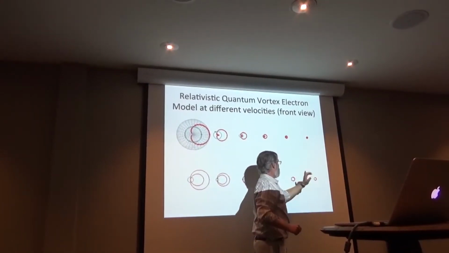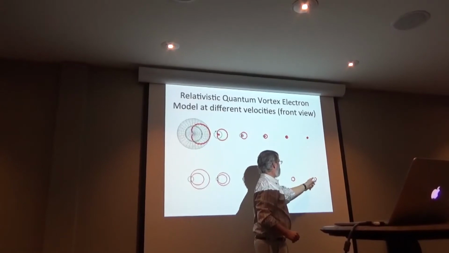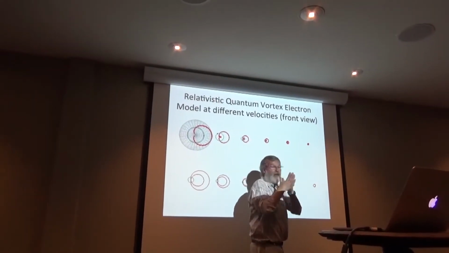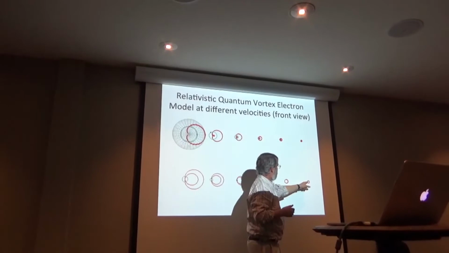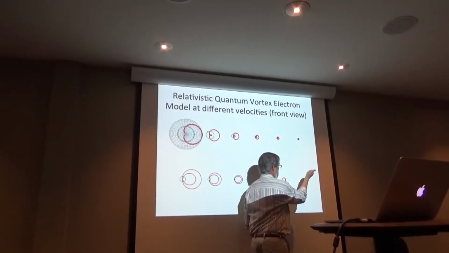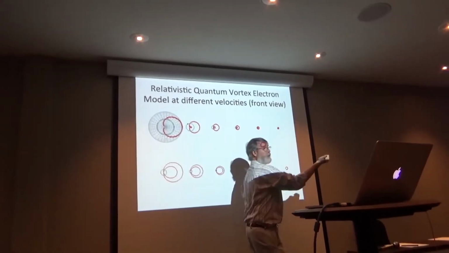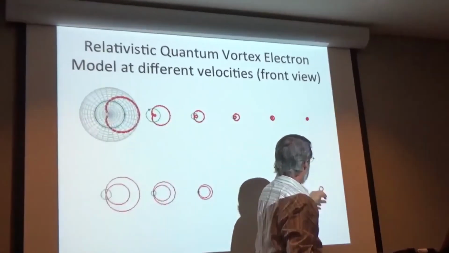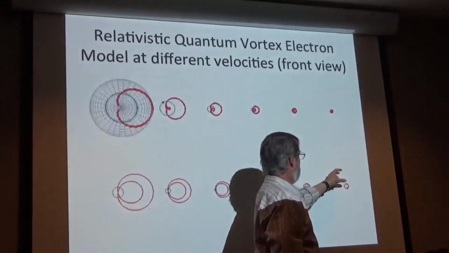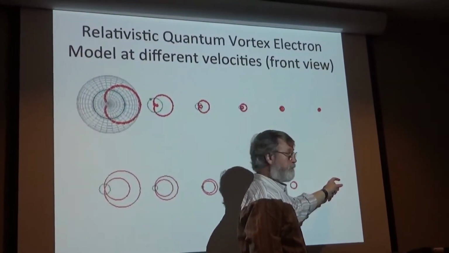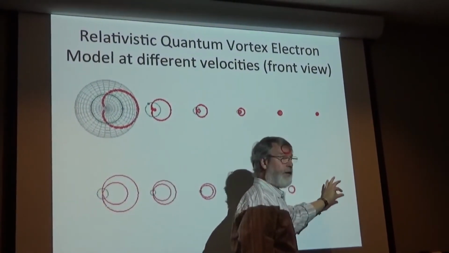So out here, the central motion has essentially gone to 0, much faster than the 1 over r. So this is a spin 1/2, a half photon moving at the speed of light with a smaller radius given by 1 over gamma of the energy of the electron.